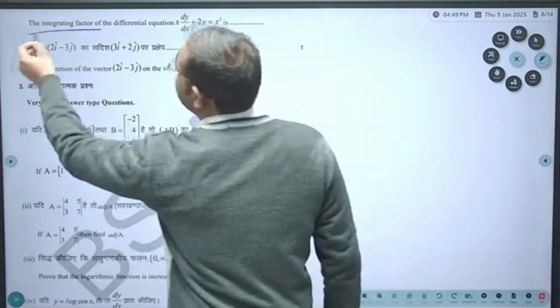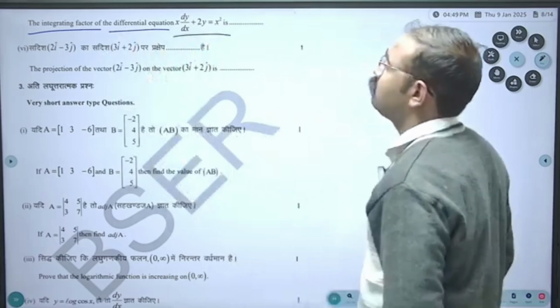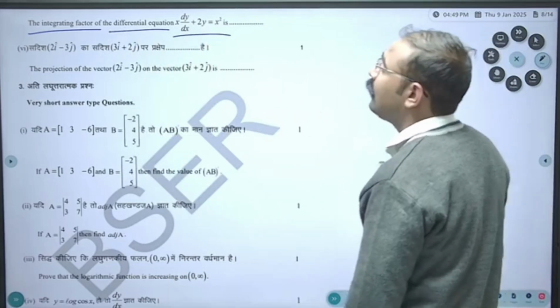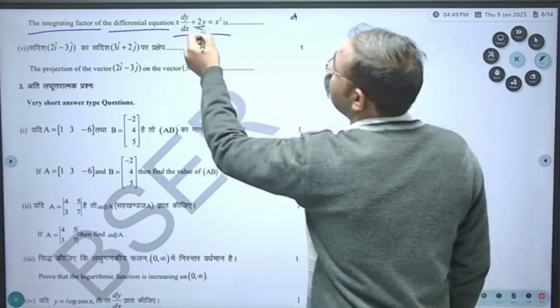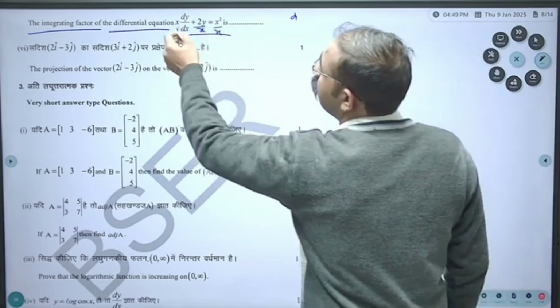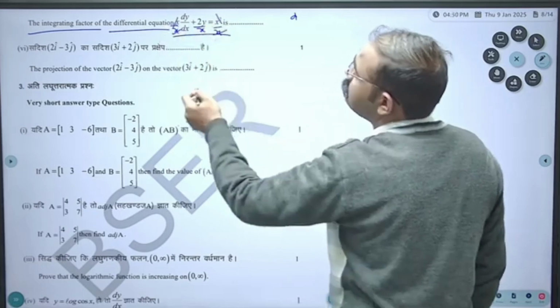the integrating factor of the differential equation x dy by dx plus 2y is equal to x square. So divide this complete equation by x, we will have this, x and x cancel, and here also x and x cancel.